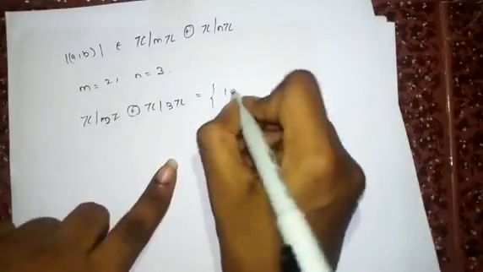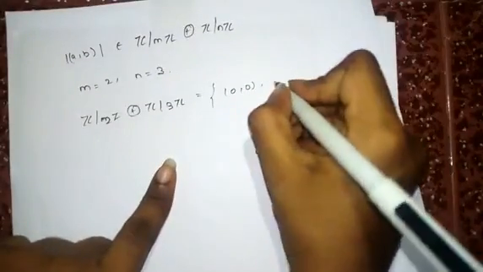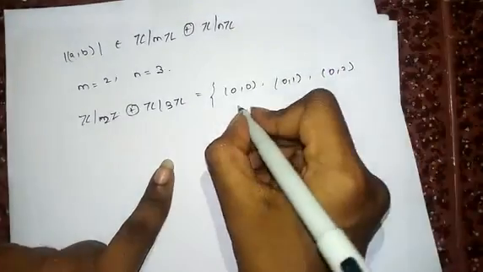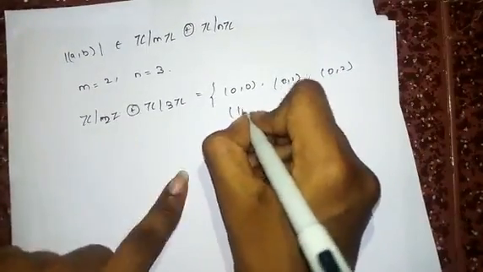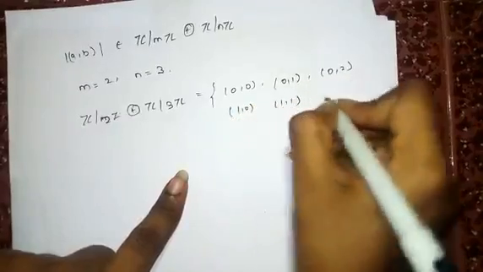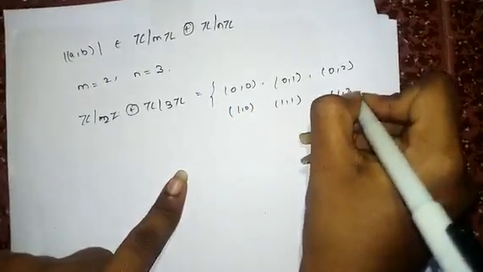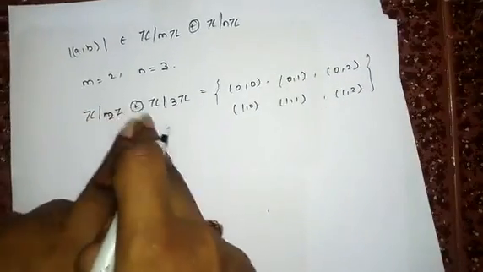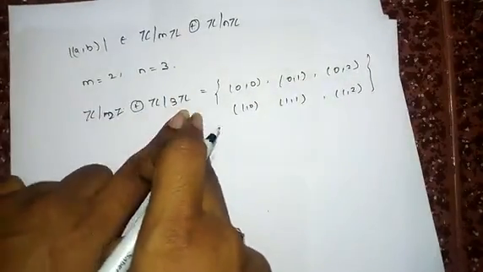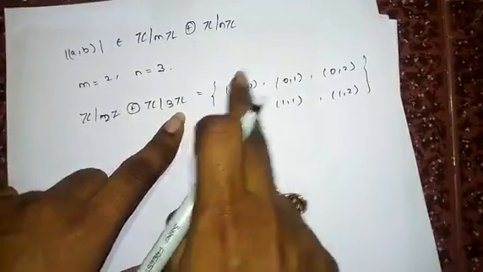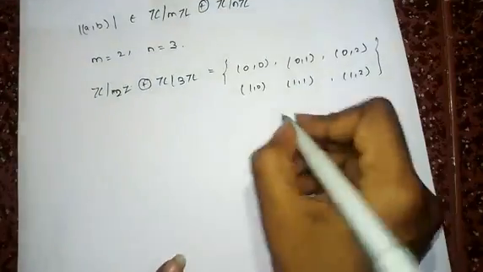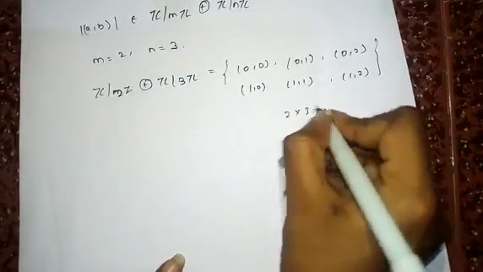It consists of (0,0), (0,1), (0,2), (1,0), (1,1) and (1,2). And the order of Z modulo 2Z direct sum Z modulo 3Z is 2 into 3, which is 6.